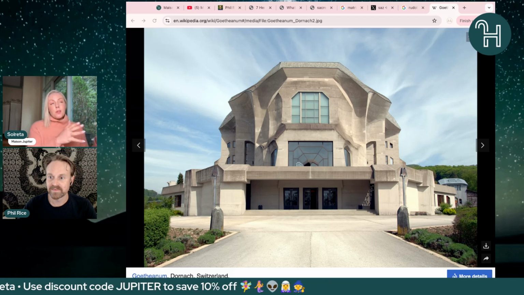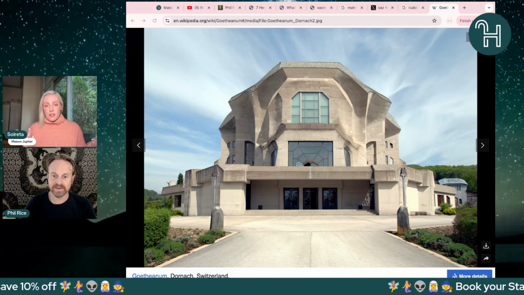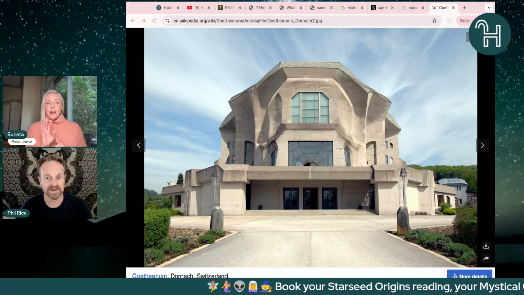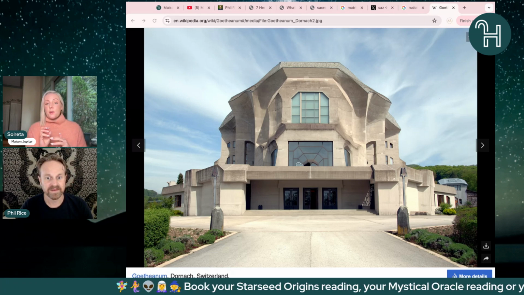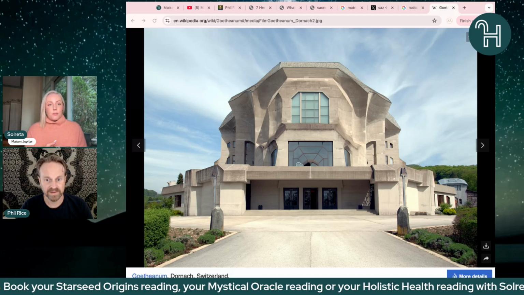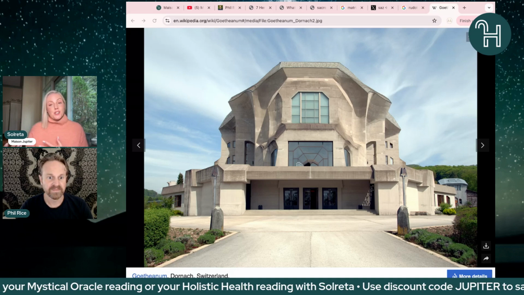Not just in the music halls and theaters he designed, but also with the Goetheanum. Inside some of the other buildings based on his principles, you'll find spirals, Fibonacci spirals and other things that affect our consciousness differently.